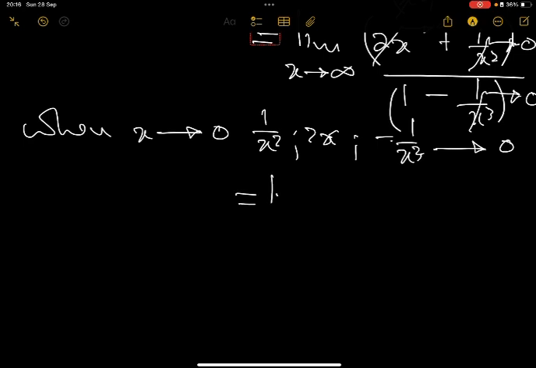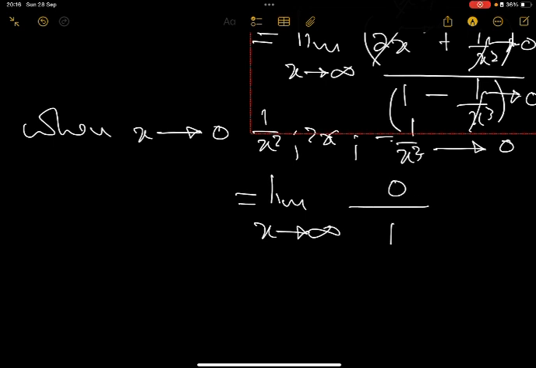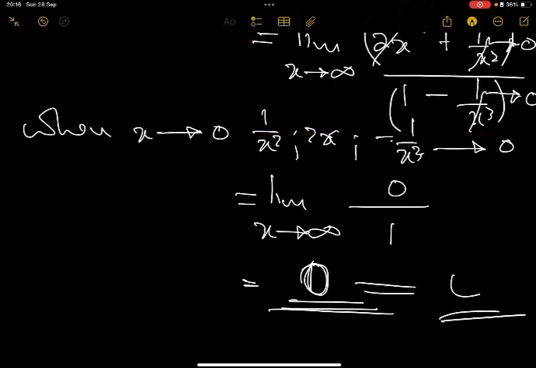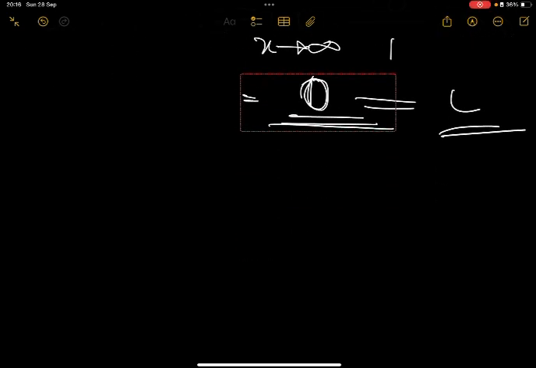So we are left with the limit as x approaches infinity of 0 over 1. So 0 over 1 exists, we will have a 0. So 0 is our limit L. Then now we want to move to continuity.